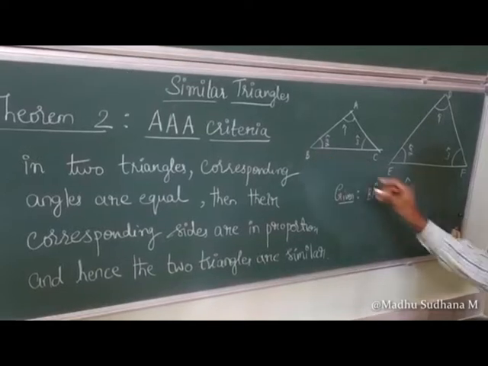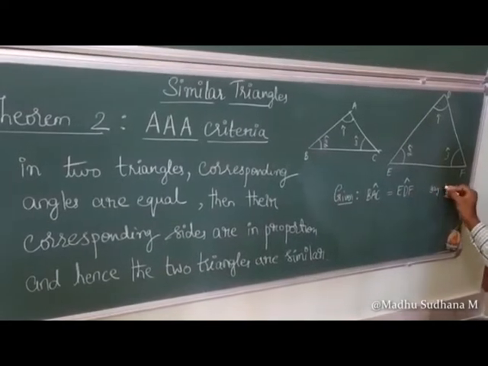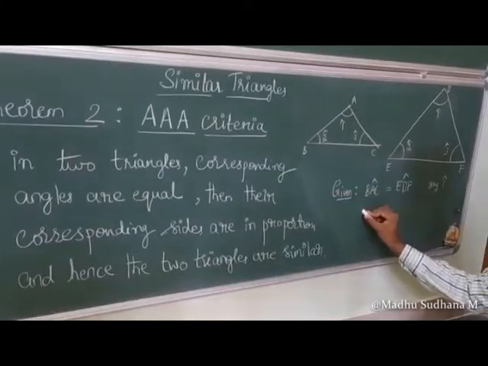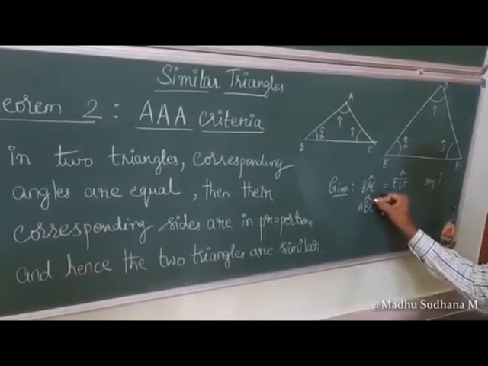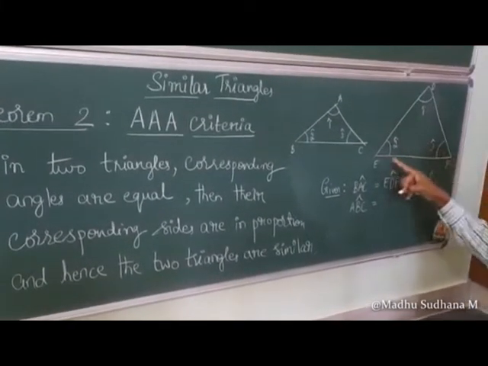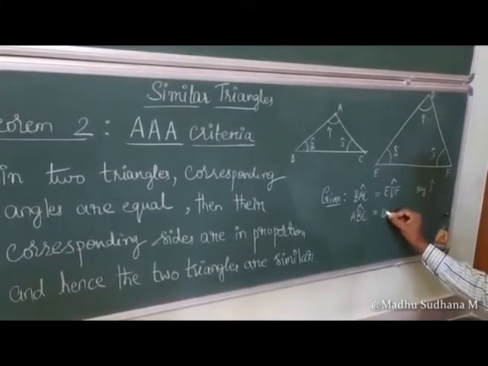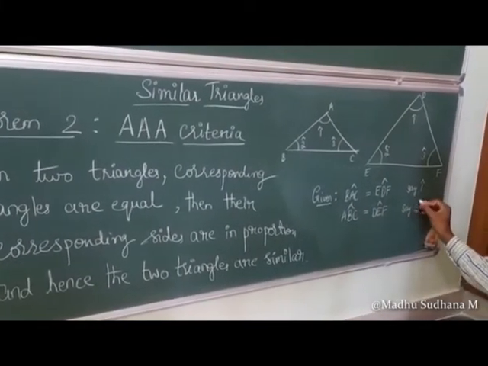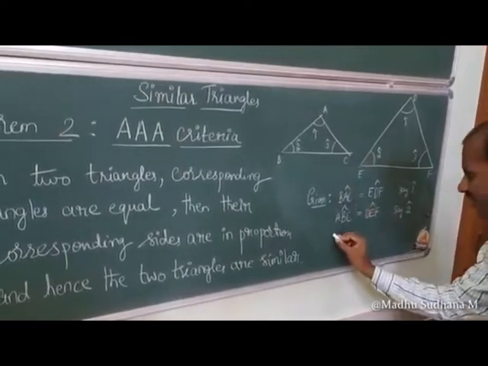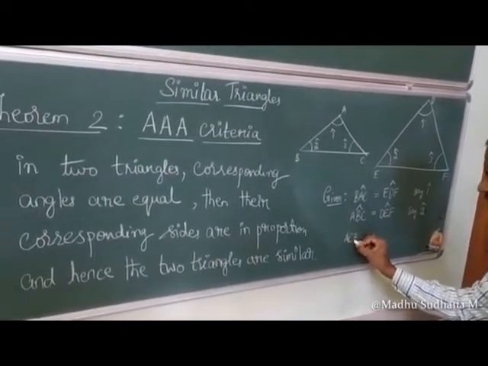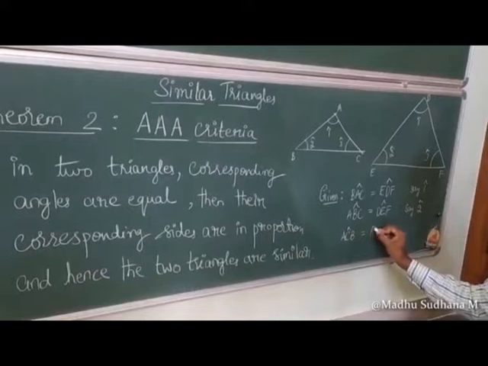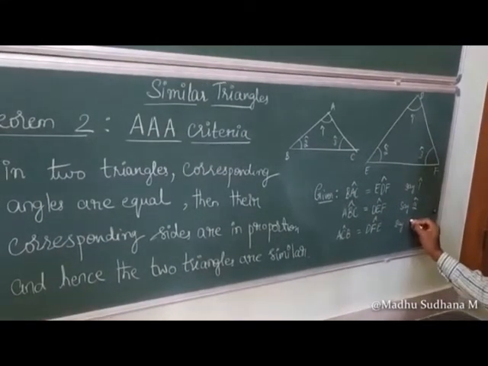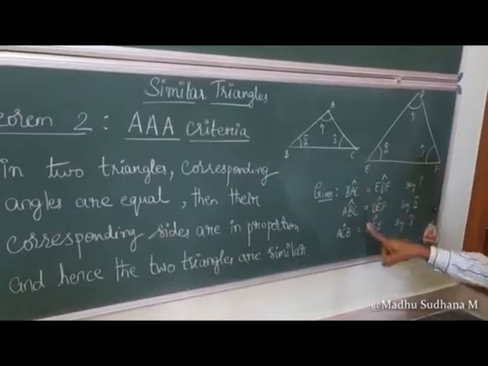And this is angle 1, and here angle 2: angle ABC correspondingly equal to angle DEF, so this is angle DEF, say angle 2 here, and angle ACB which is equal to angle DFE. Let me call that angle 3. So this is my given part.